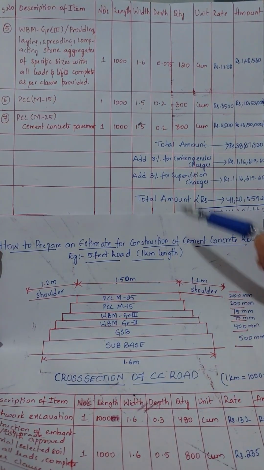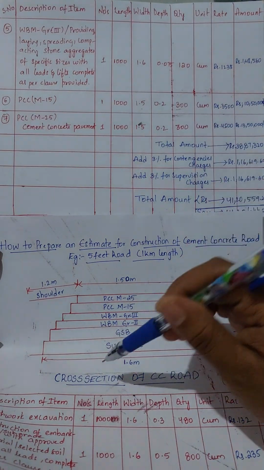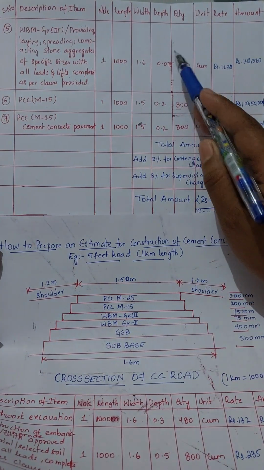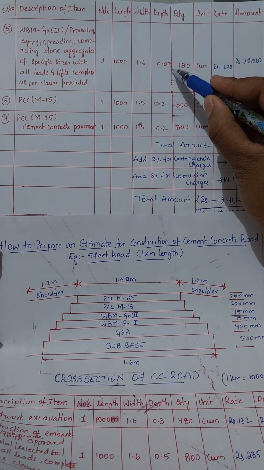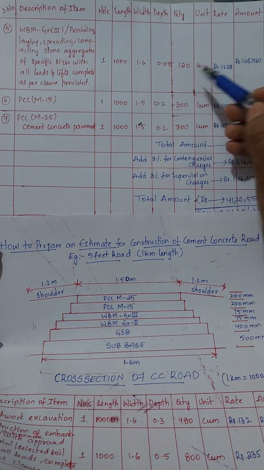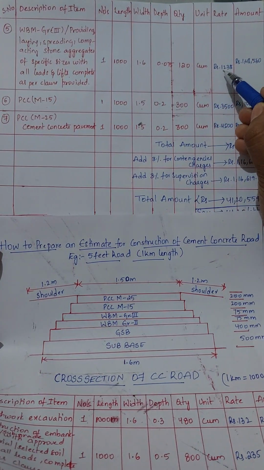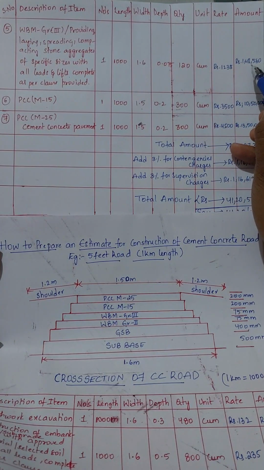The length is 1 kilometer, which is 1000 meters, the width is 1.6 meters, and the depth is 75 mm, which is 0.075 meters. After calculating this, we get 120 cubic meters, and if we consider the rate as 1238, then 120 into this rate gives 1,48,560.